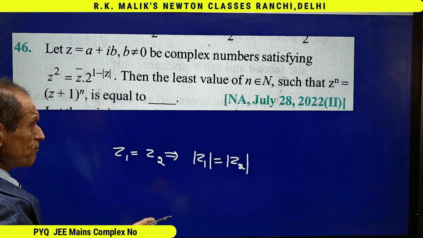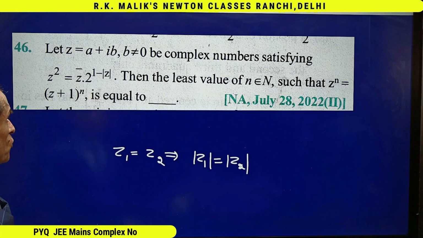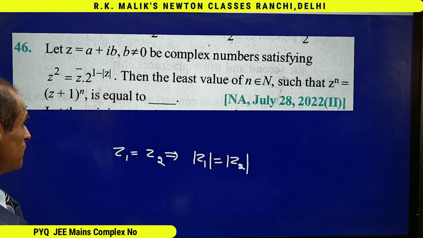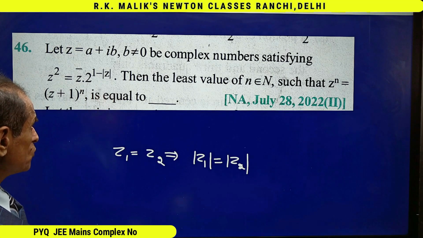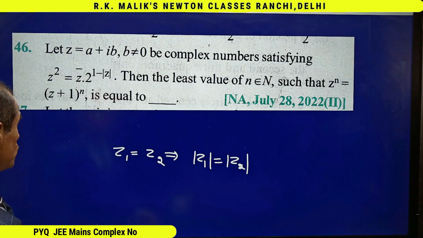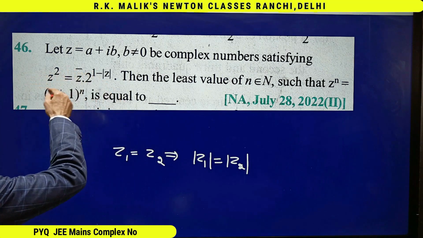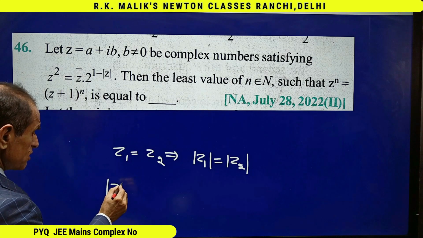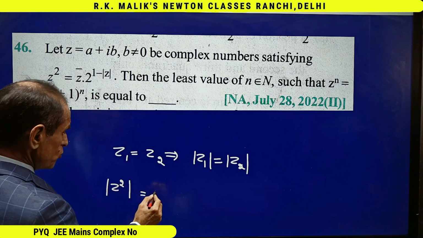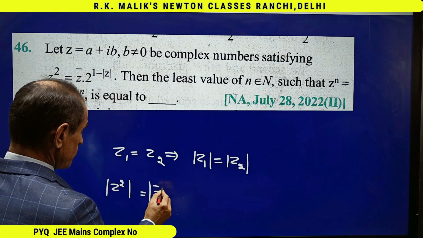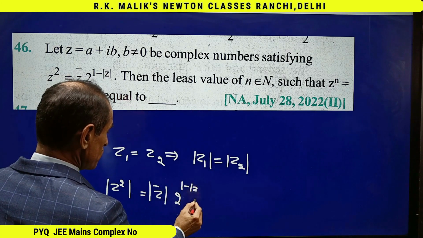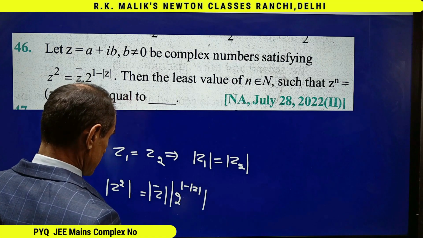And because it is easy to simplify this equation after taking modulus, you will understand when I do the question. I take modulus on both sides. I get mod z equal to mod z bar into 2 to the power 1 minus mod z.